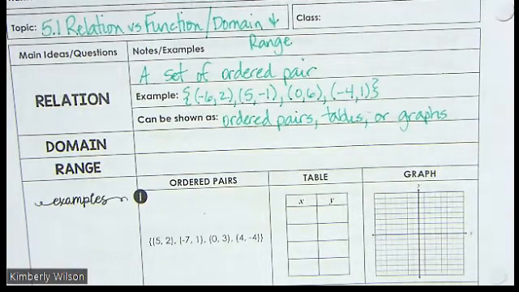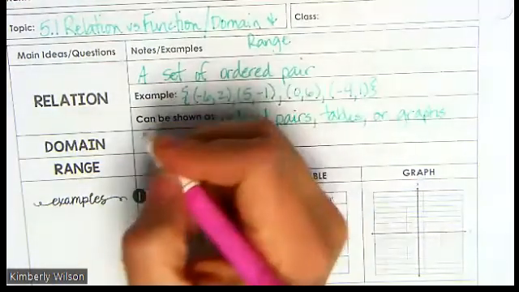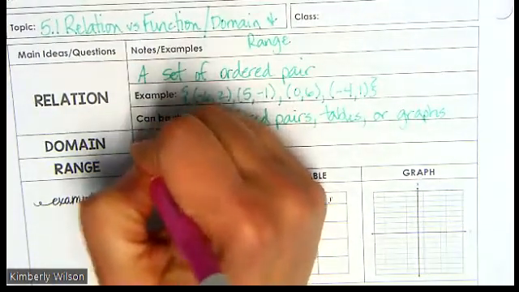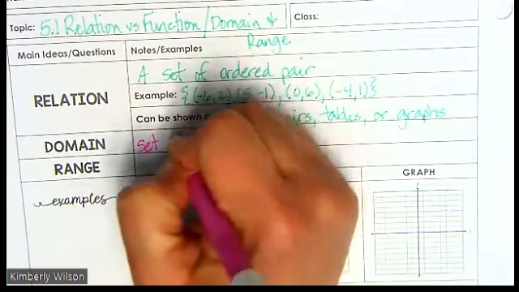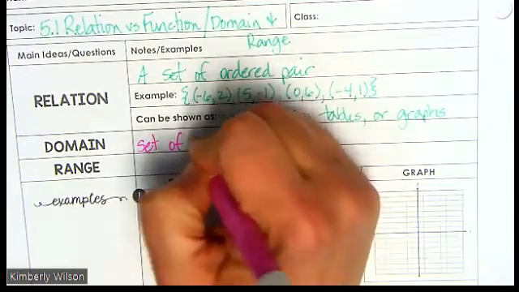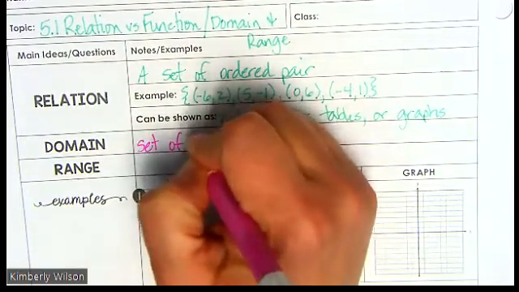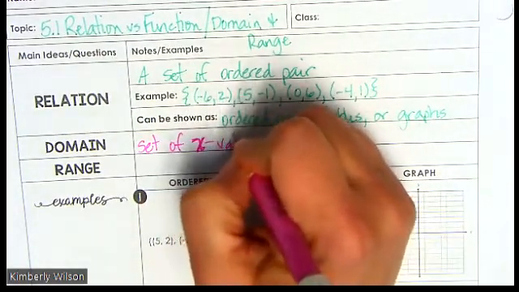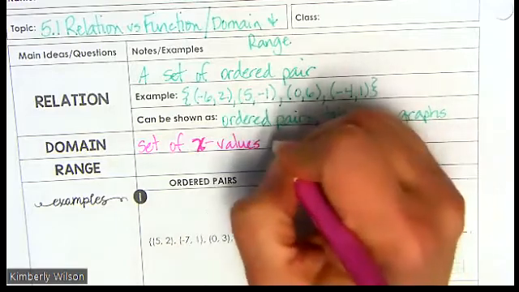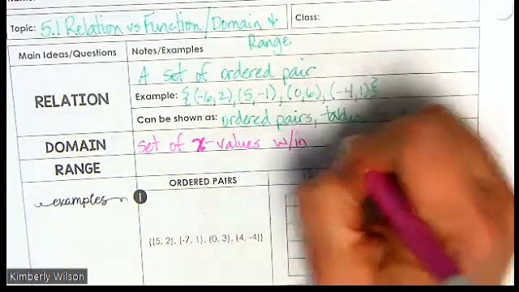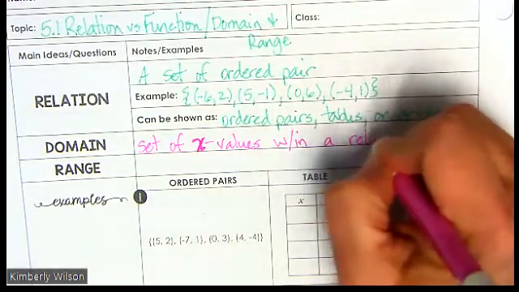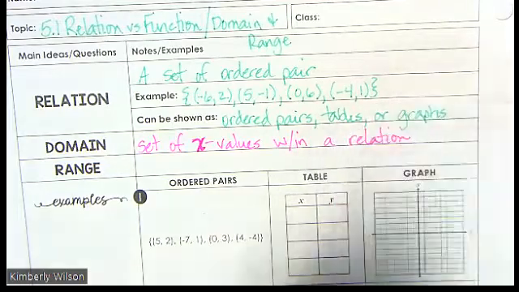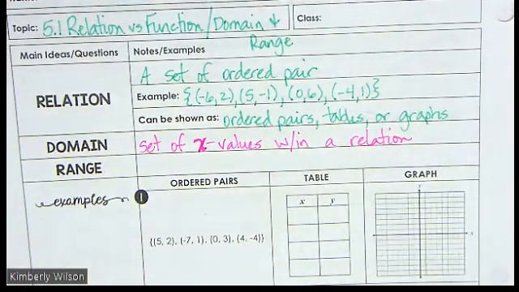All right, now let's talk about domain and range. Domain is the set of X values. So domain is always the X values within a relation.